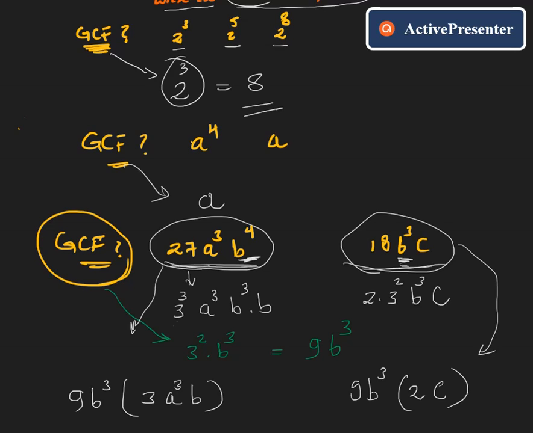So we are left with a prime number and variables that cannot be divided. Okay, this is how we factor. This is the greatest common factor as we discussed.